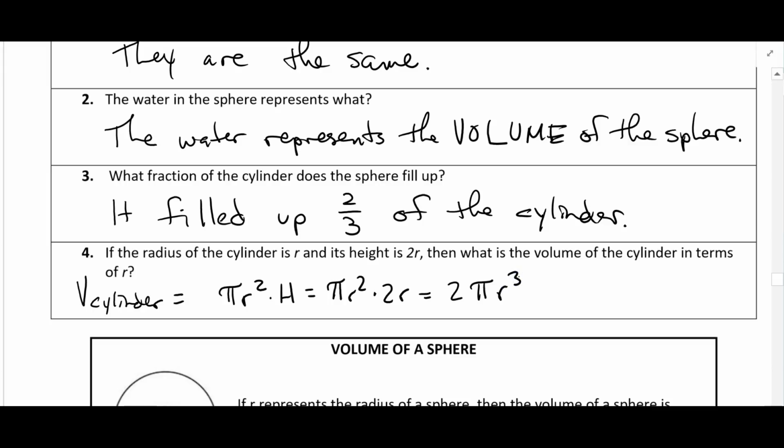So that's the volume of a cylinder if its height is the diameter of the base.